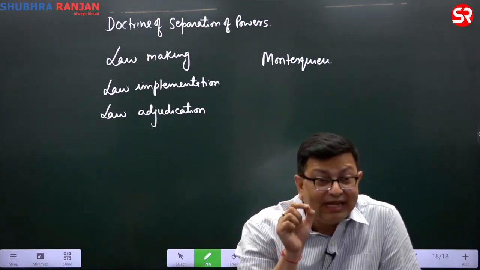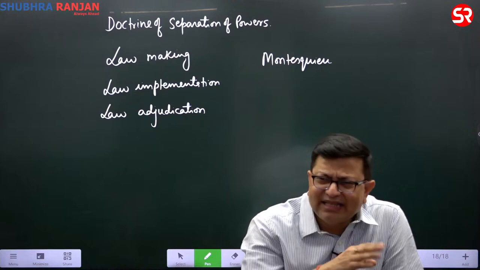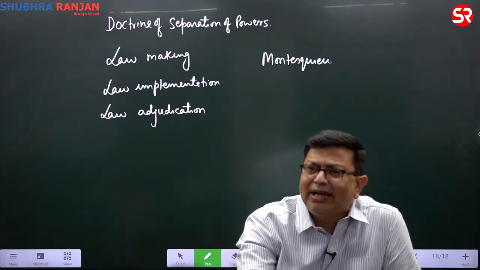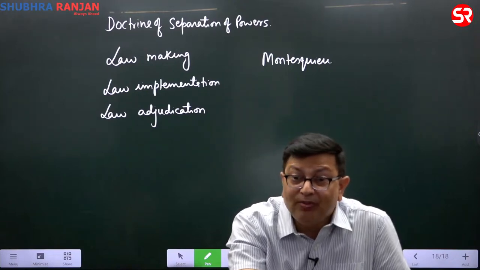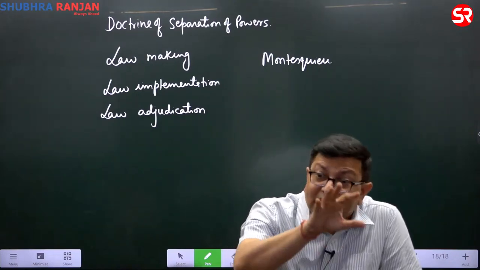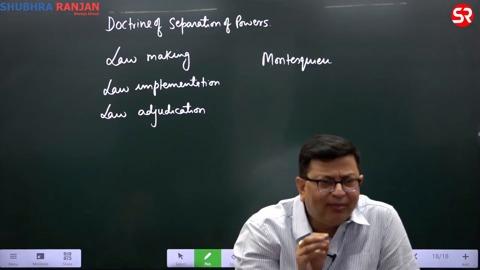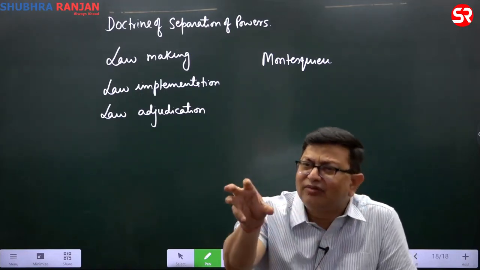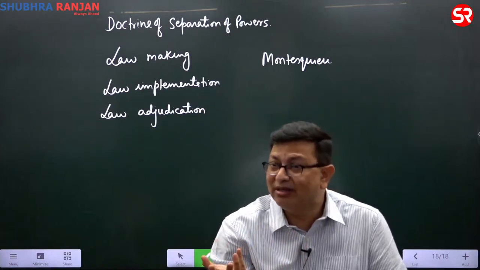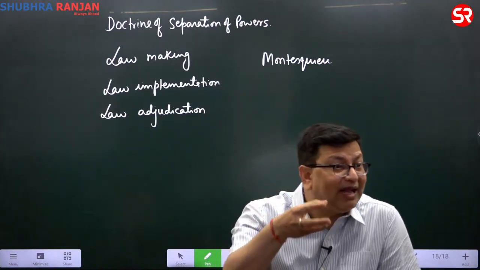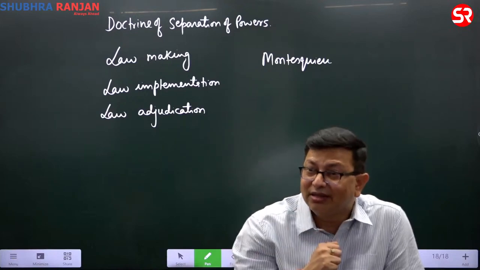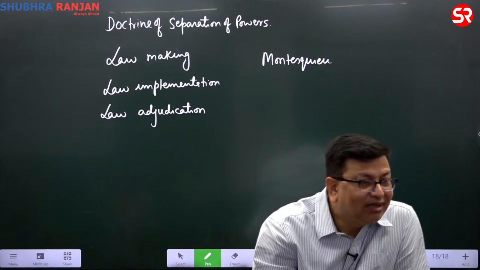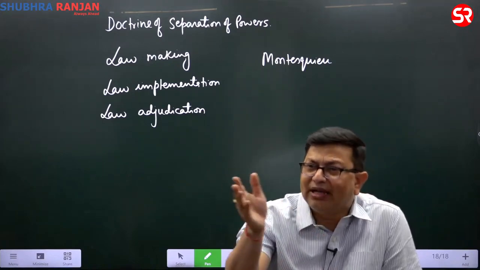Then if the legislature is given unlimited power to make laws, it can also make laws which may not be beneficial for the larger interest of the society, but may cater to the interest of only certain sections of the society. The influential people will have a say in the legislative process, and in the absence of proper checks, even the judiciary can go astray.